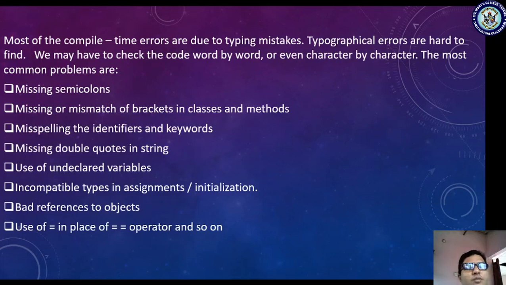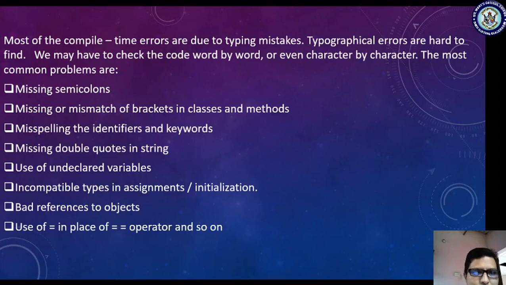The most common problems of compile time errors are, you just observe here, missing semicolons. In the last program we have seen a missing semicolon. Then, missing or mismatched brackets in classes and methods. Sometimes we open the curly brace and forget to close it, or we have fewer closing brackets in our classes as well as in our methods.